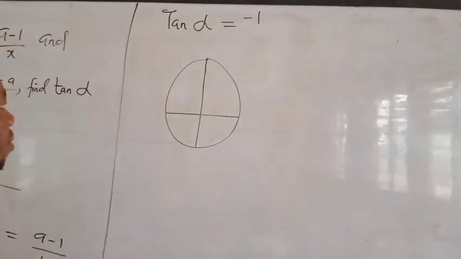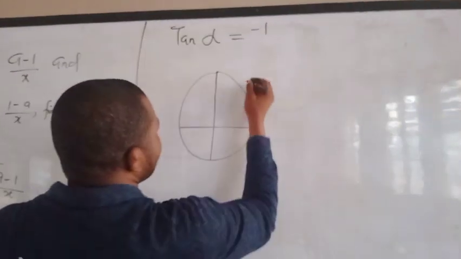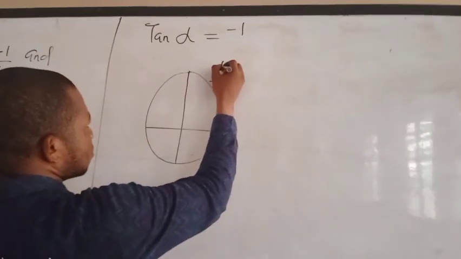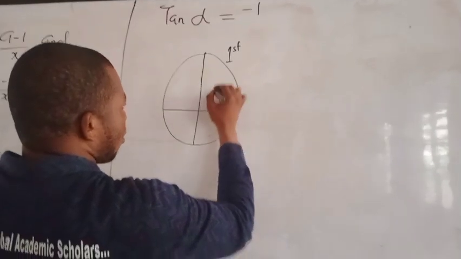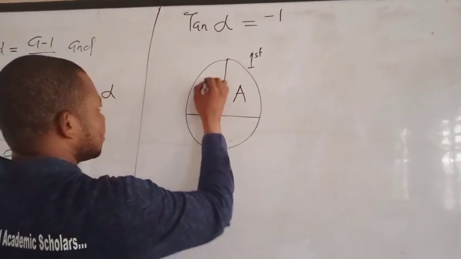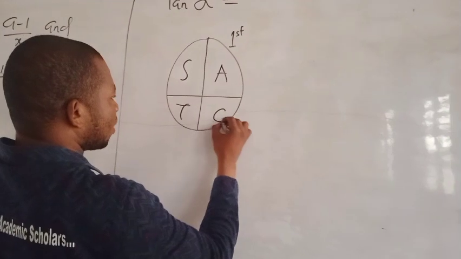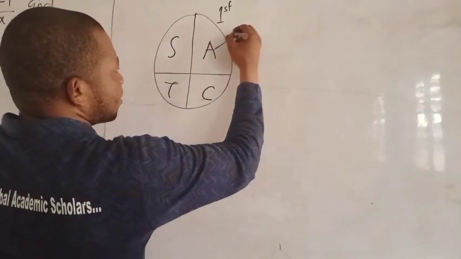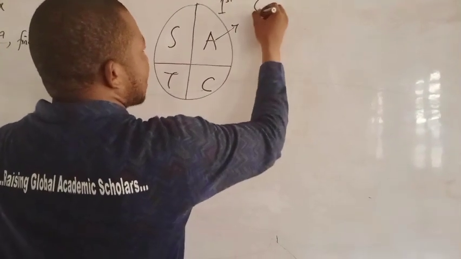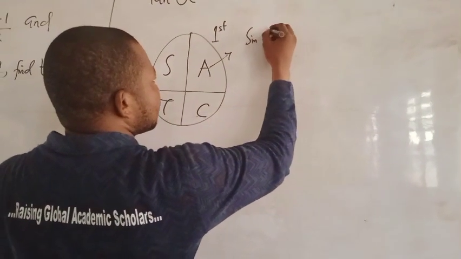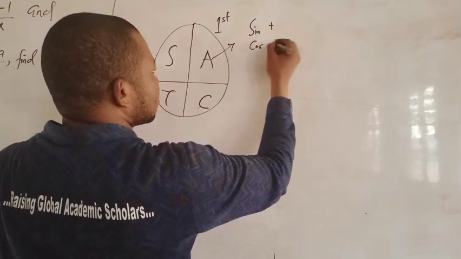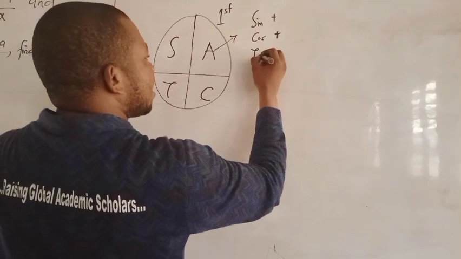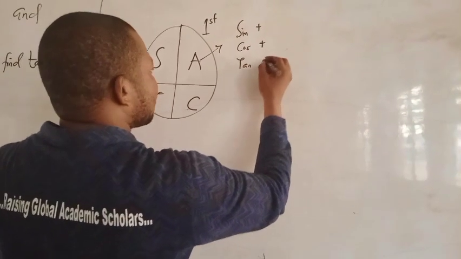I remember when I was in secondary school, we were taught that this is the first quadrant. Here we call it "All Students Take Coca-Cola". So what this means is that all angles here are positive, meaning that your sine is positive, your cos is positive, your tan is equally positive.